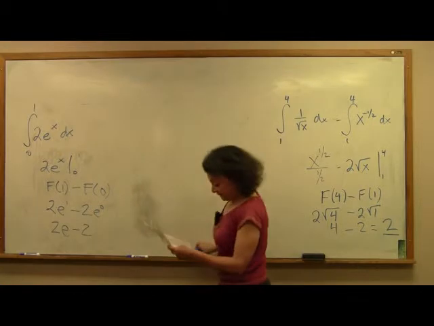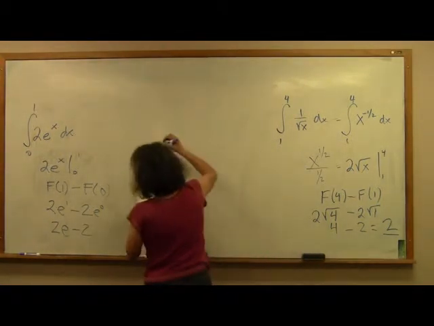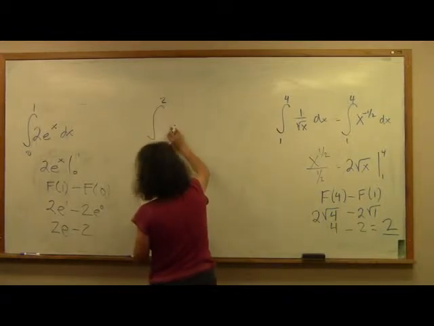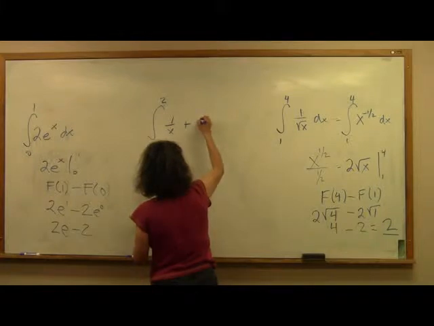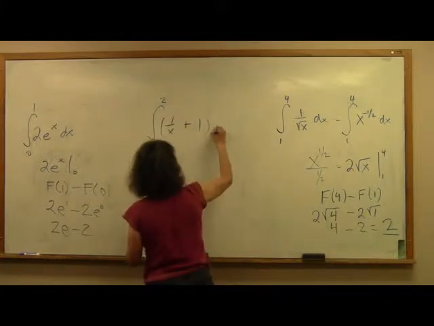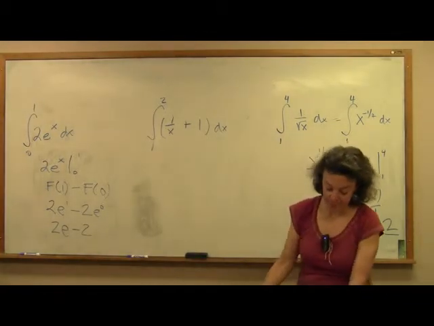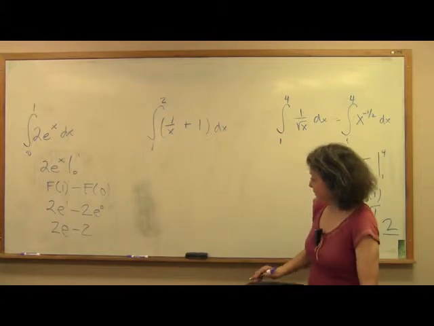All right. So now let's do an example like this. What if I, oh, this is fun, from 1 to 2 of, how about 1 over x plus 1 dx? We're going to keep it pretty mellow. Okay? So how would we compute the antiderivative of that?